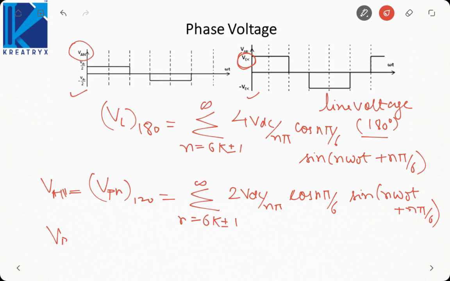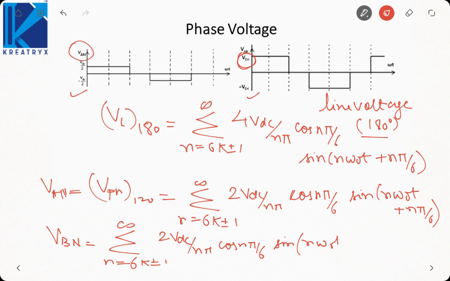If you want to write for VBN, just shift it by an amount 120 degree. That is 2 VDC by n pi cos n pi by 6 sin (n omega naught t plus, then 120, we have to subtract 120, it will become minus 90, that is minus n pi by 2). What about VCN?